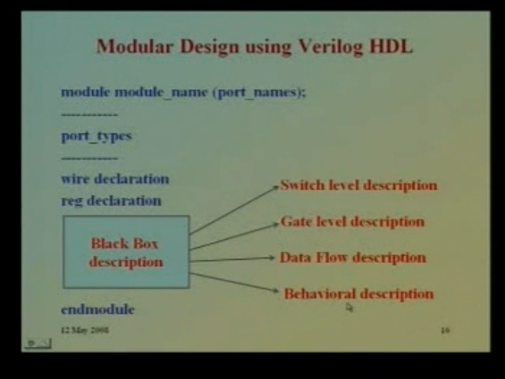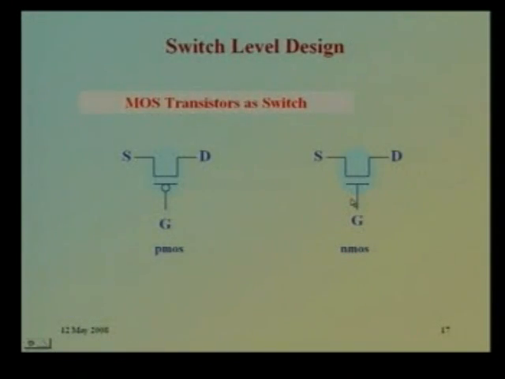How does the functionality of your module or architecture work? How will we describe it so that you get your functionality? So we have four different abstract levels to describe your design, right? We will go one by one, first the switch level design.